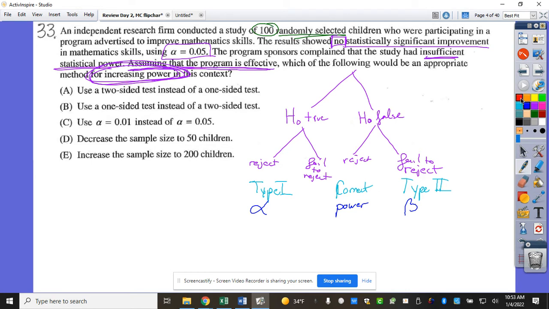Well, these two are on the same branch, but going opposite directions. So power and beta are inversely related: as one goes up, the other one goes down. What about alpha and beta?